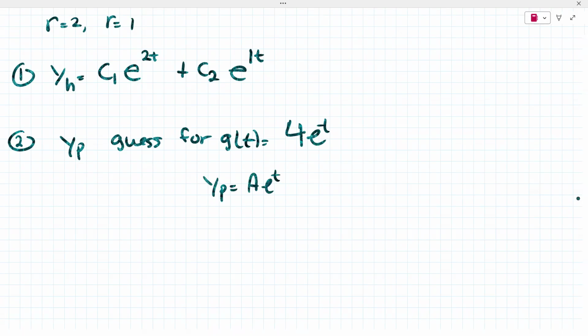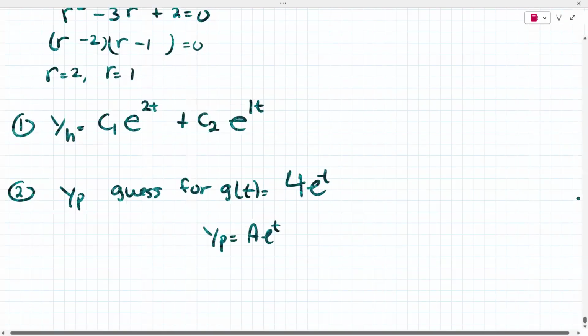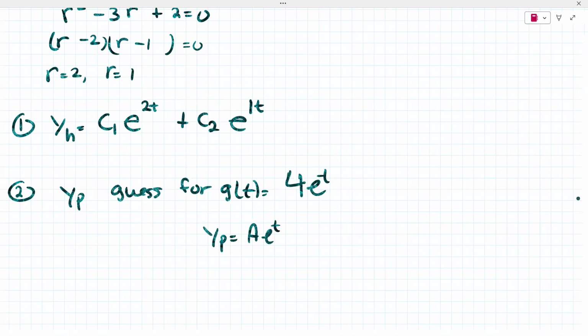Okay, then what you want to do is compare your yp with y of h. Do they even look similar? So we got to check.